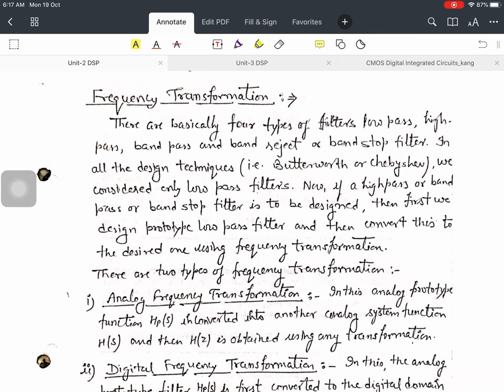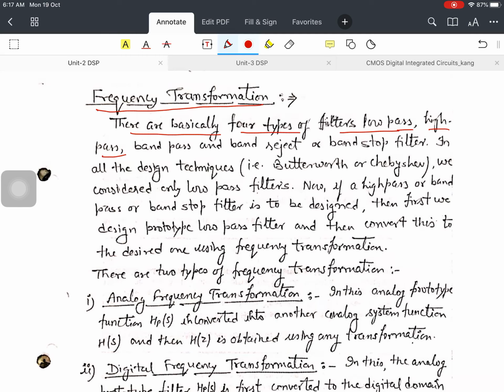Okay, so here I have written some important points. These are basically related with frequency transformation. So there are basically four types of filters, as I told you: low pass, high pass, band pass and band reject or band stop filters.